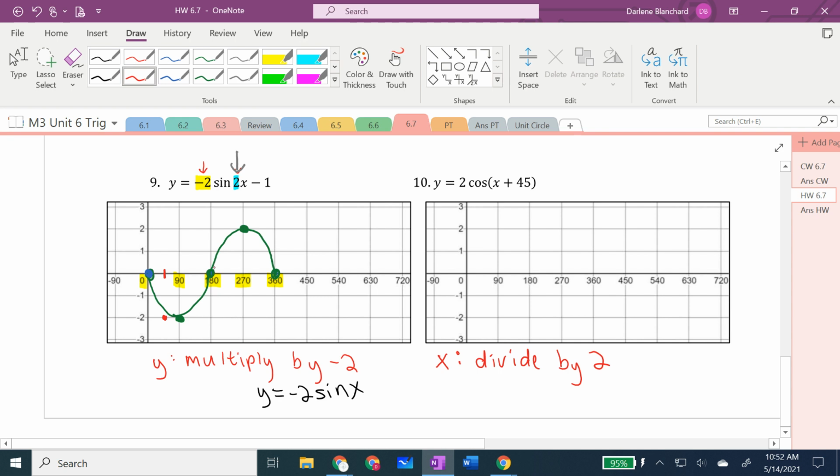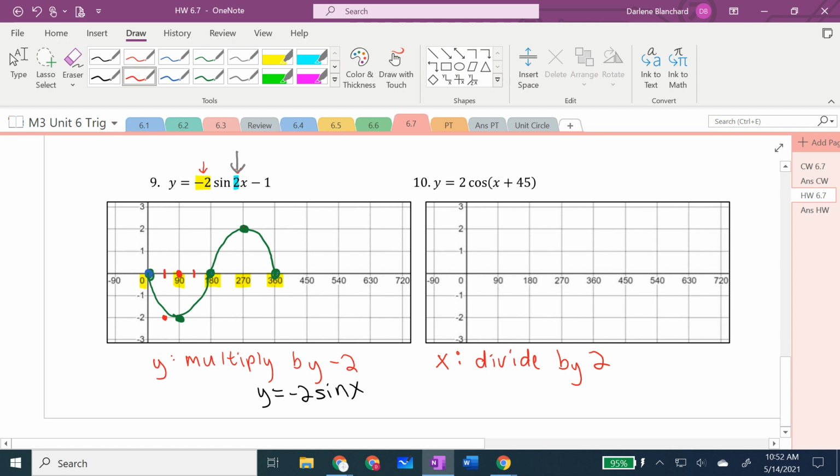This point at x equals 180 is divided by 2, so this point gets compressed to 90. This point at x equals 270 is divided by 2, and 270 divided by 2 is going to be 135, which is halfway between 90 and 180.